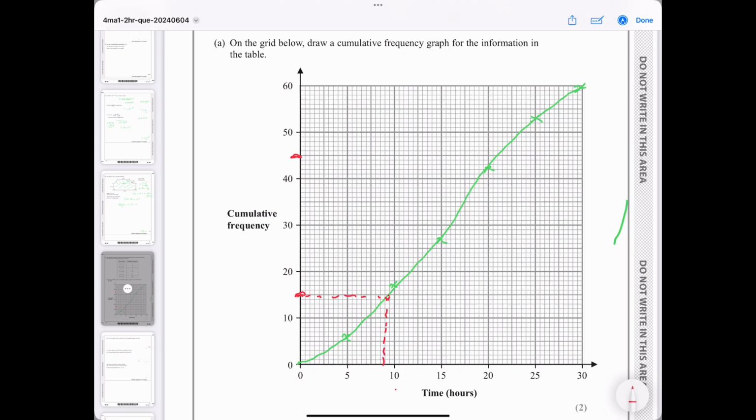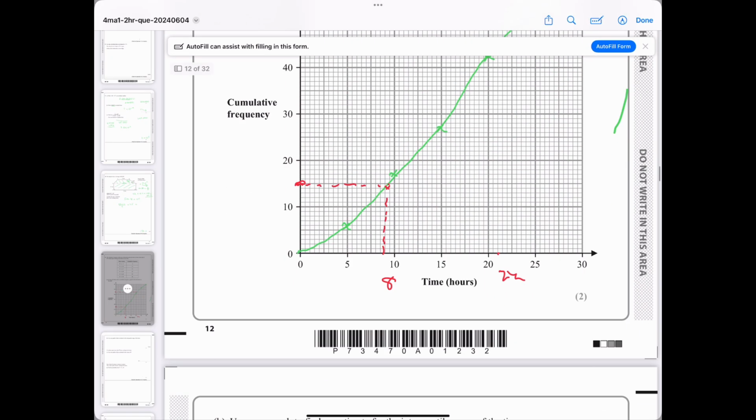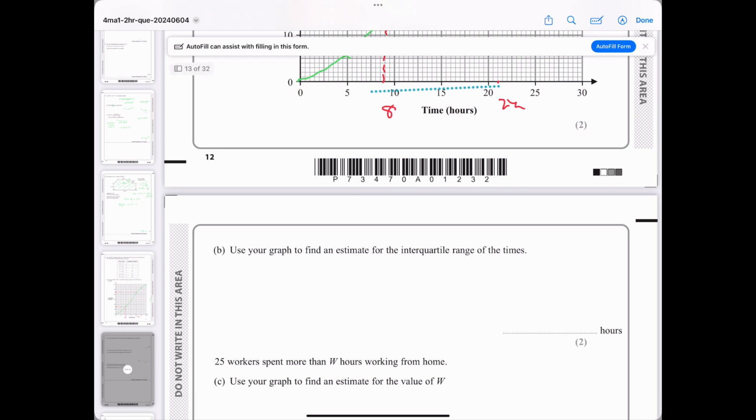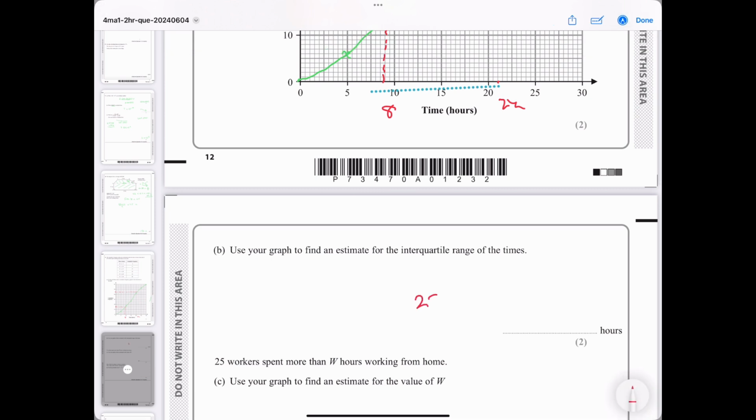It could be 9. And then this one is further along than that. So drop that down, that comes to 22. So our interquartile range is 22 minus 8 hours, which is 14.